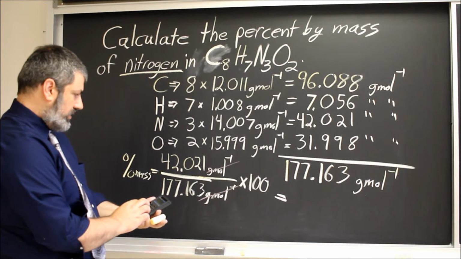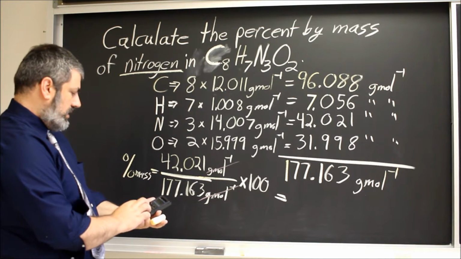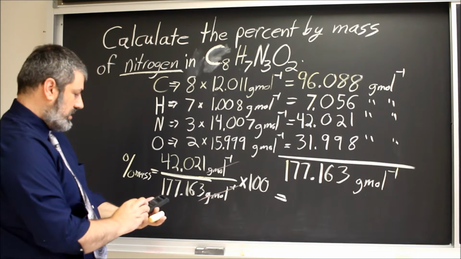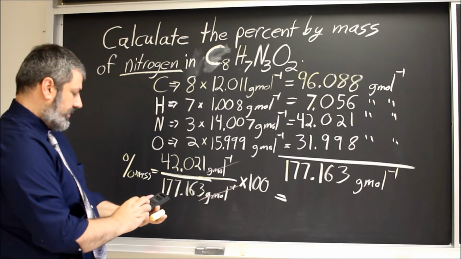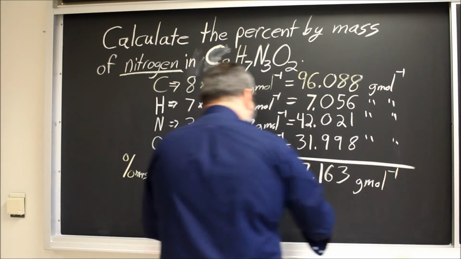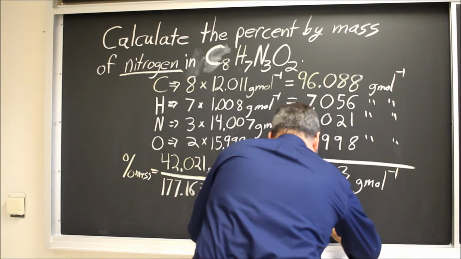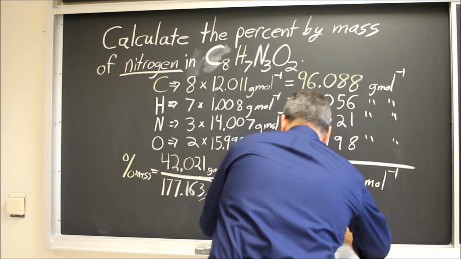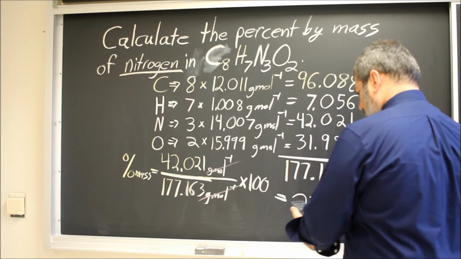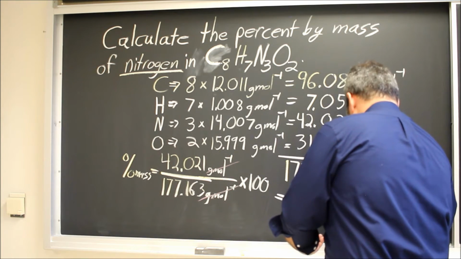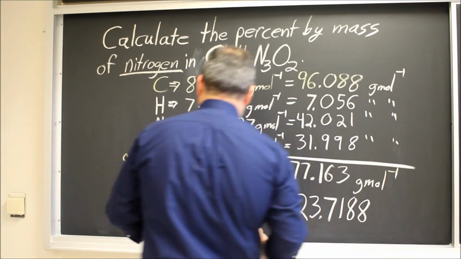So 42.021 divided by 177.163 times 100. And this gives me 23.718.